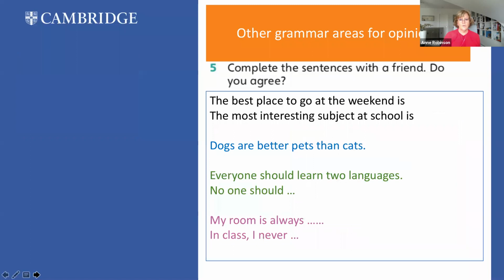Right, I will show you my grammar areas. What grammar areas have I put on the slide for you here? Yes, we've got superlatives and comparatives. What about the sentences in green? What kind of grammar am I doing there?